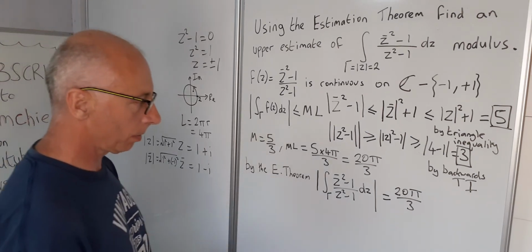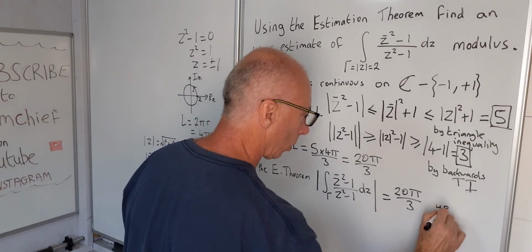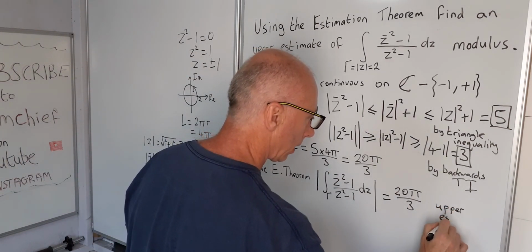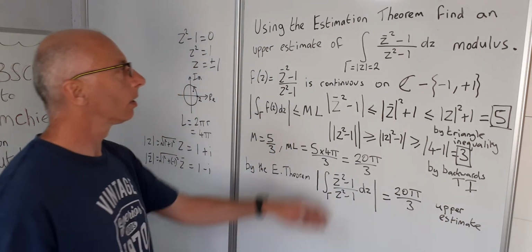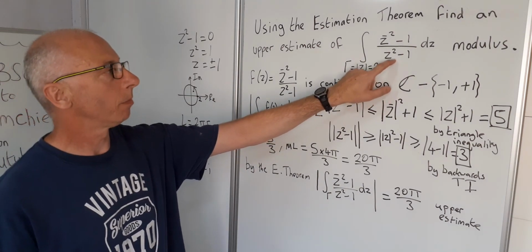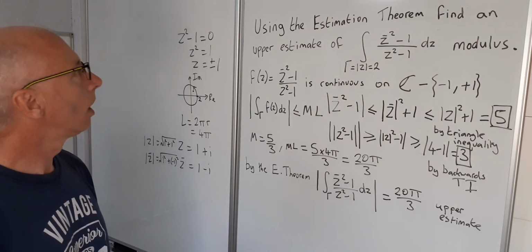So that's the upper estimate. What we're saying is this is the maximum value that we can attain for the modulus of this function here. Okay.